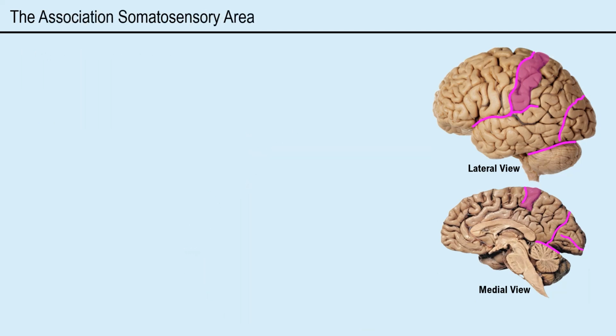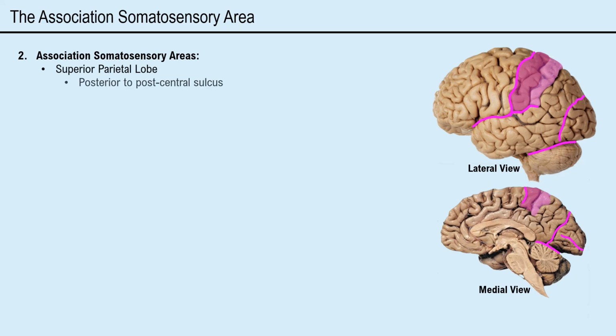And it should be of no surprise to you that the association somatosensory areas are going to be located near to the primary somatosensory area. And here they are, found on the superior parietal lobe on the gyrus caudal to the postcentral sulcus. The association somatosensory area receives input from the primary somatosensory area, and it is used to determine or interpret what we feel.